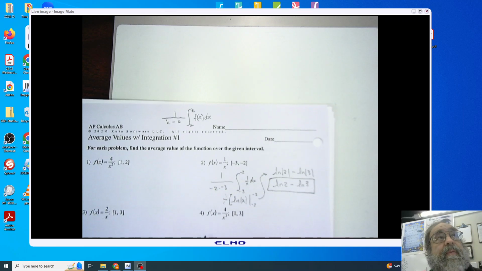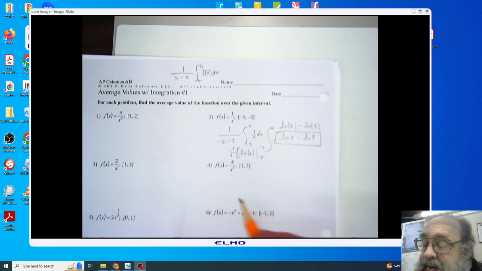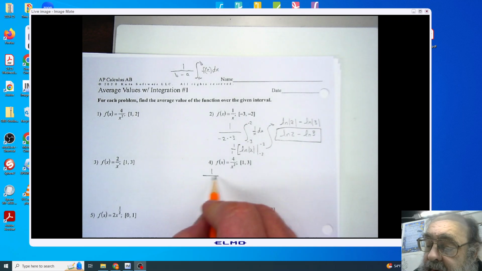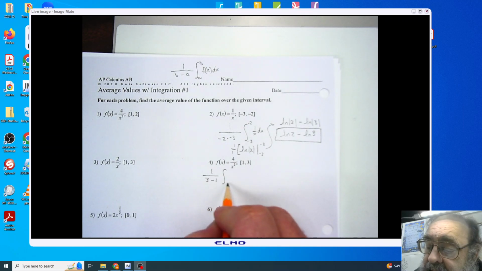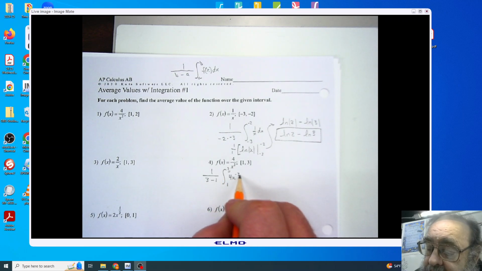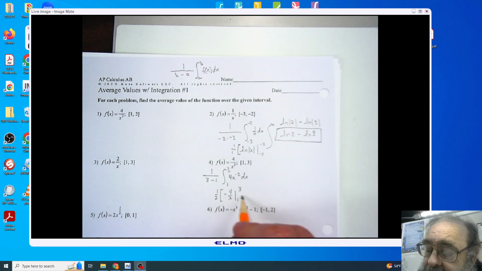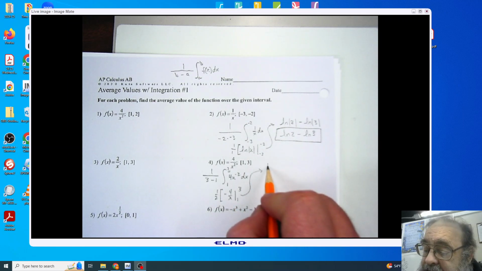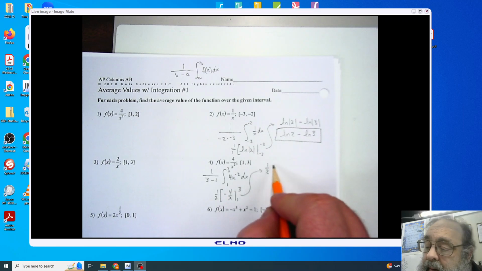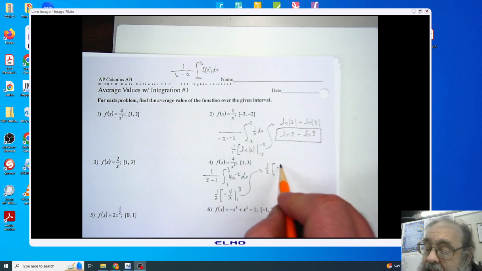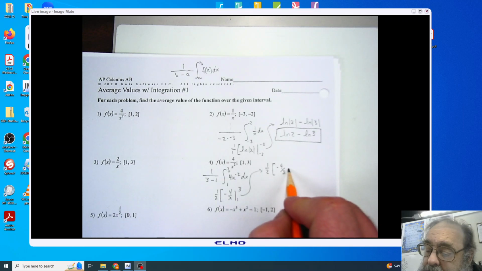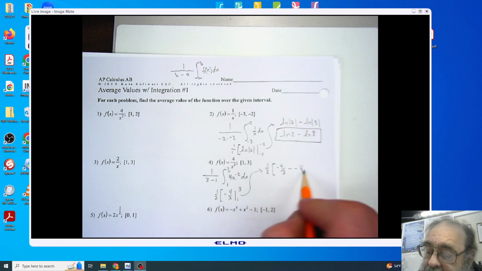Alrighty, let's take a look at number 4. Number 4 is going to be set up as 1 over 3 minus 1 times the integration from 1 to 3 of 4x to the minus second power dx. This is going to give me 1/2, and I'm looking at negative 4 over x from 1 to 3. By the fundamental theorem of calculus, we're going to have 1/2 multiplied by negative 4 over 3 minus negative 4 over 1.